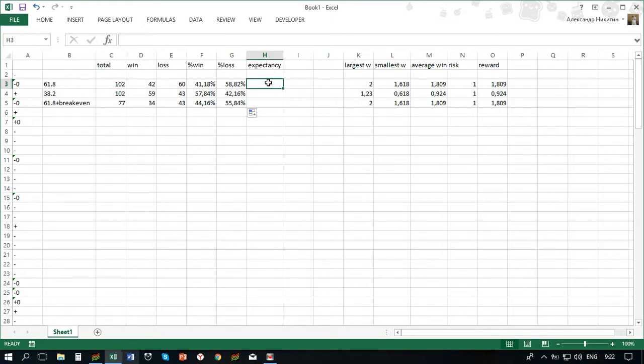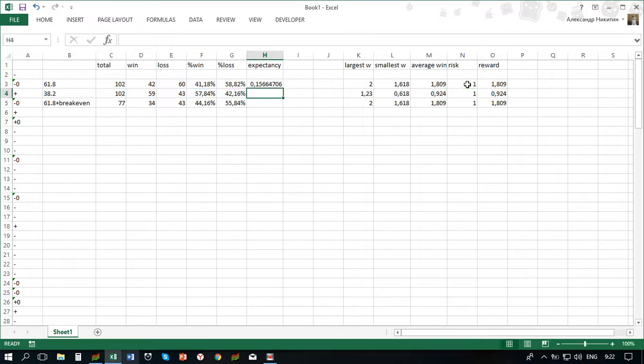The expectancy equals percent of win multiplied by your reward, average reward, you can see that, minus percent of loss multiplied by your risk. You see that?